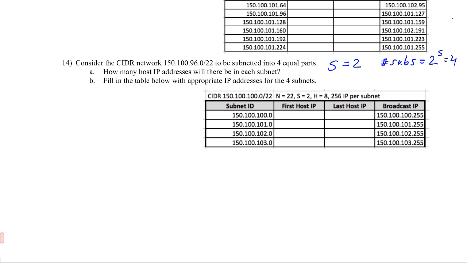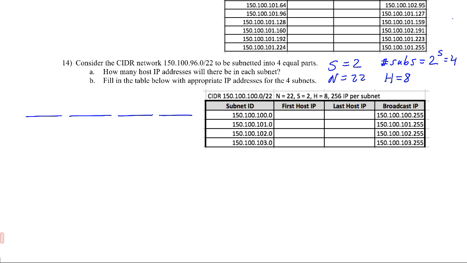And how many host IP addresses are there? Well, N is 22, and so H plus S plus N must be 32, so H has to be 8. And so here, let me draw out my 4 octets.